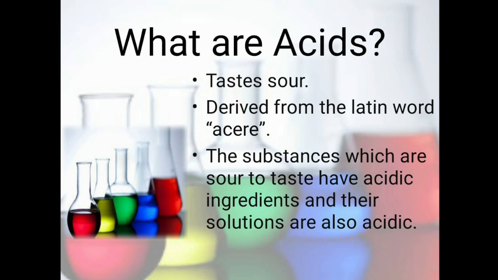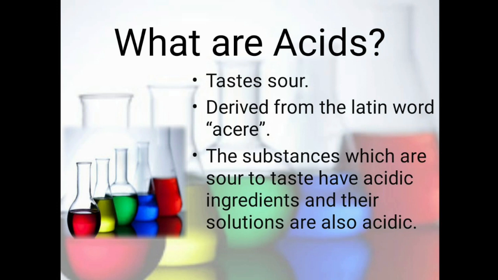For example, if we taste any citrus fruit, it appears to have a sour taste due to the presence of acid in it. So, from here we came to know acids are generally sour in taste due to the presence of acidic ingredients, and in fact these solutions are also acidic in nature.